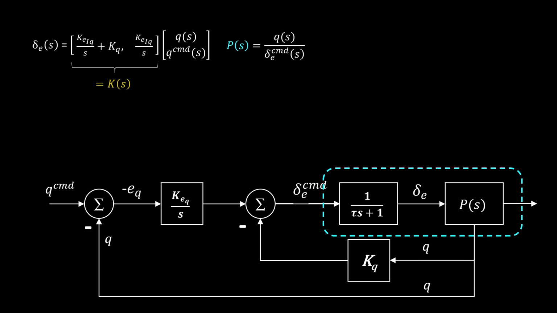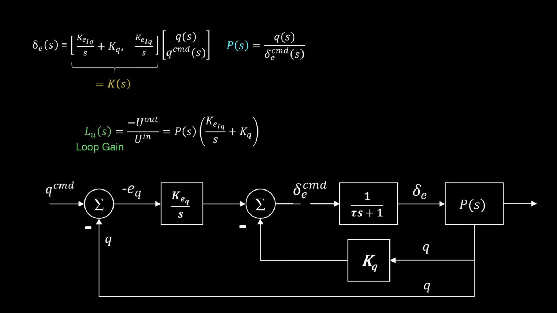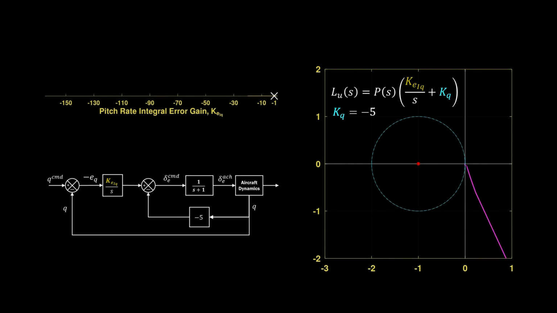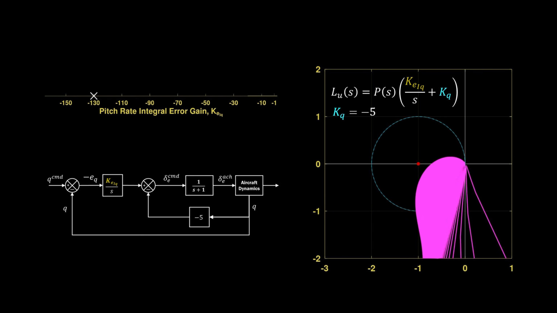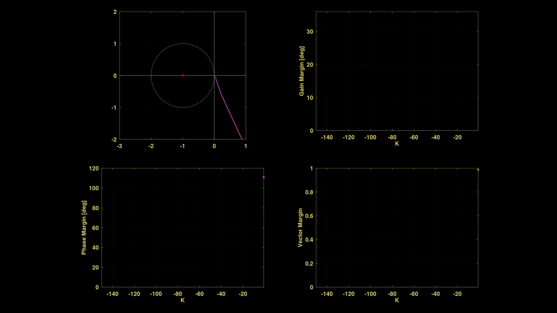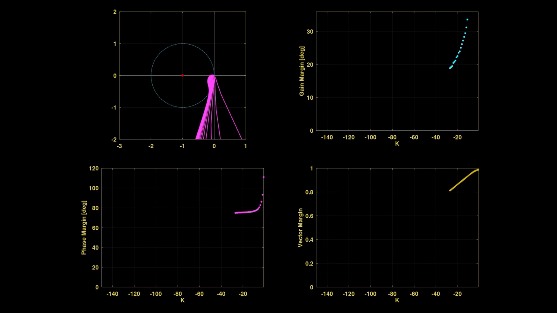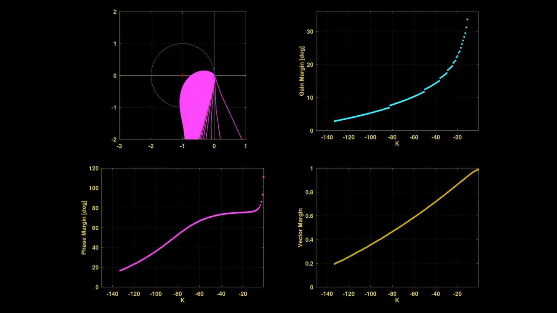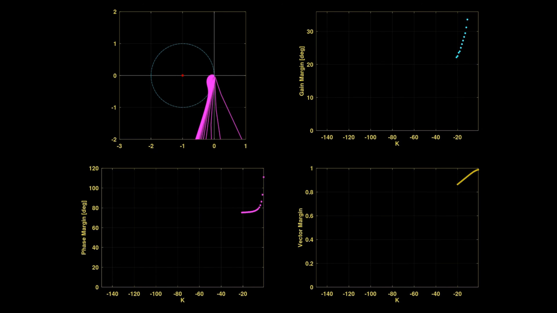Now the loop gain, Lu, is simply their product, P times K. As the integral error gain becomes more negative, we can see how the loop gain approaches the critical point. The margins simultaneously decrease. Here, robustness is in the sense of a scale factor or phase lag at the plant input.